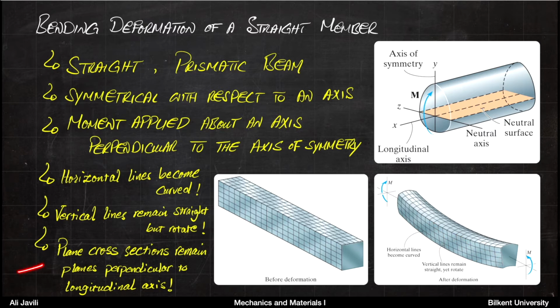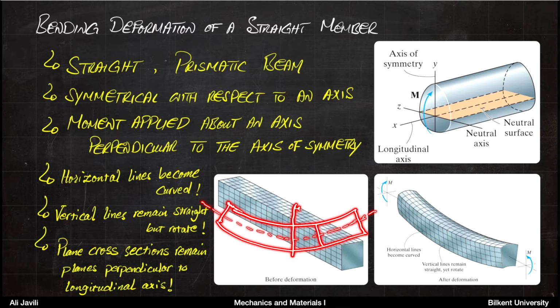The third assumption is that plane cross sections remain planes perpendicular to longitudinal axis. So basically what that means is that if you have a bending, you would always see something like this, that your longitudinal axis remains perpendicular to the planes.